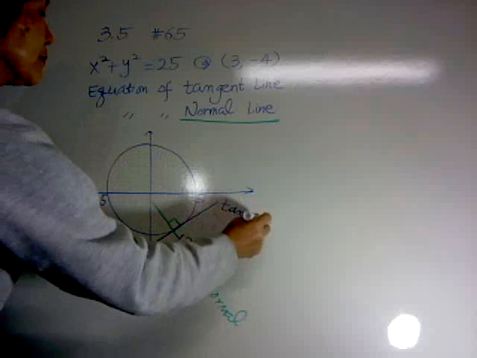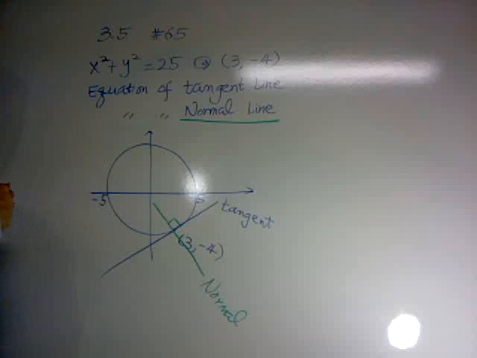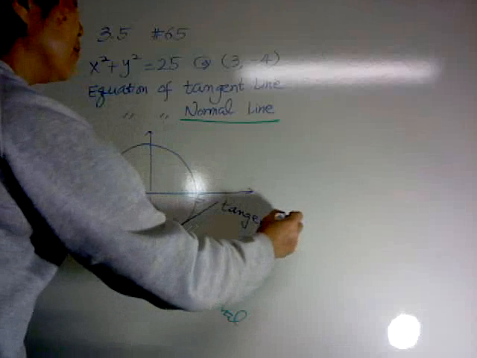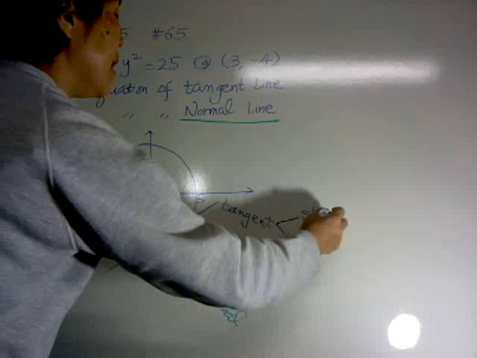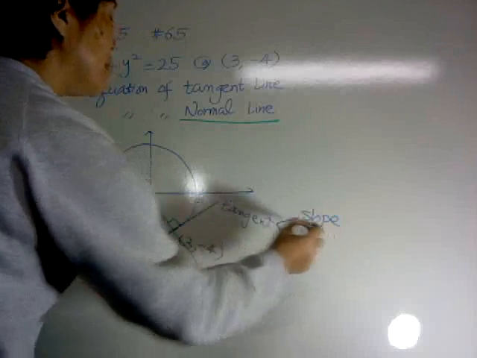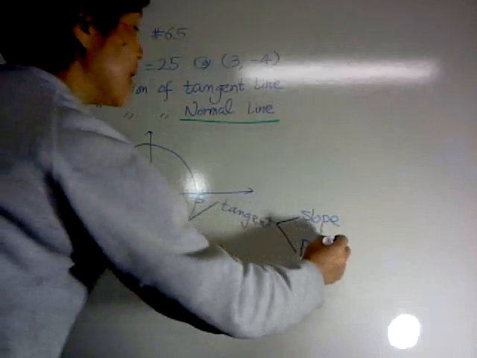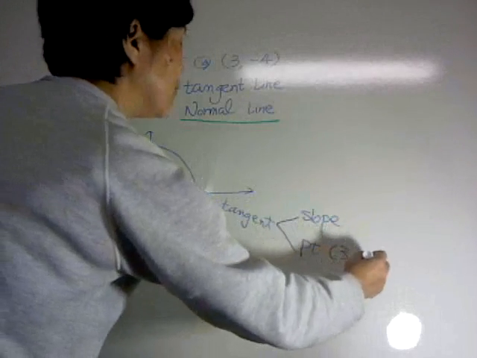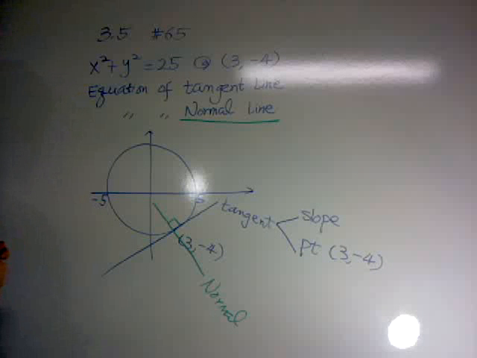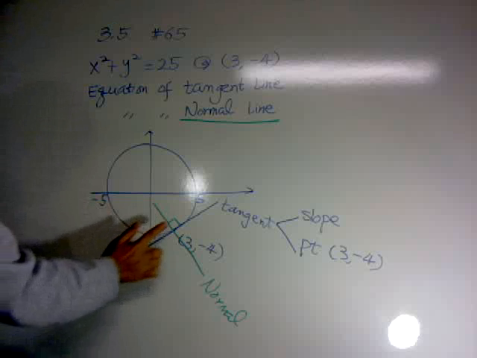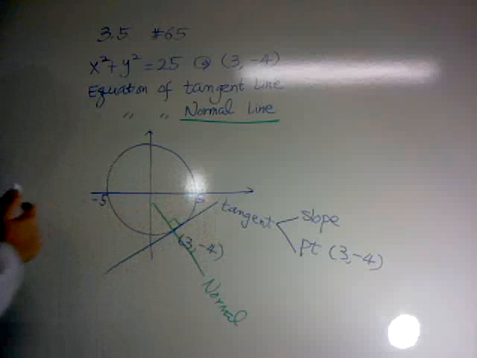So let's start with how to compute the equation of a tangent line. In order to compute the equation of a tangent line, we need a slope and we need a point. But this point is given at (3, -4). So all we need is to find the slope of this tangent line. As you see this tangent line, the slope must be positive.